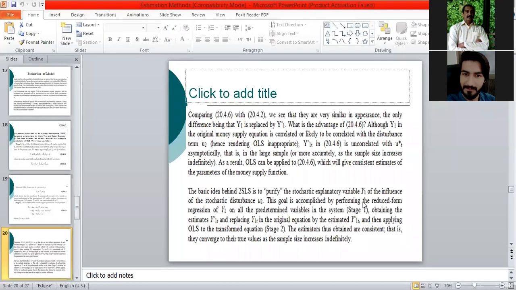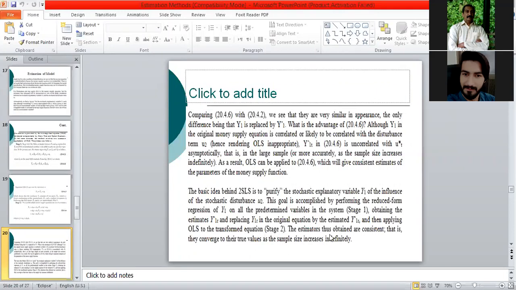This goal is accomplished by performing the reduced form regression of Y1 on the predetermined variables in stage 1, obtaining the estimate Y1 hat, replacing Y1 in the original equation with it, and then applying OLS to the modified equation at stage 2.